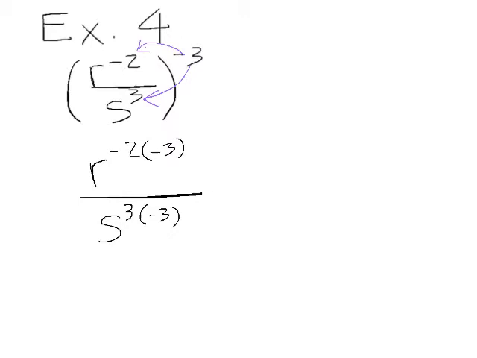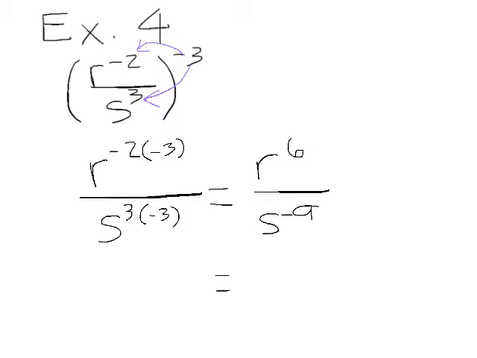And so now you're working out your math. And we're going to write everything with a positive exponent when we're done. So it'll all look really nice. Negative 2 times negative 3 is 6, so r to the 6th. And 3 times negative 3 is negative 9. So I would be right here, r to the 6th and s to the negative 9th.